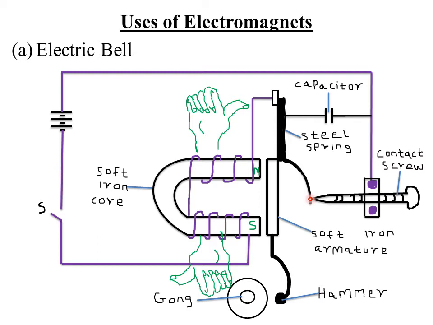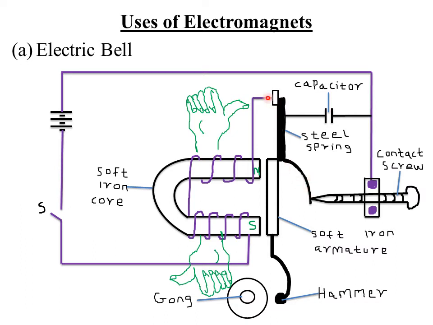The magnetism in the core dies off, and the spring returns the armature back to its original position. Now when the steel spring is returned back as a result of the reduced strength of the electromagnet, the contact is met again. The screw and the steel spring are again in contact, which means the circuit is complete.